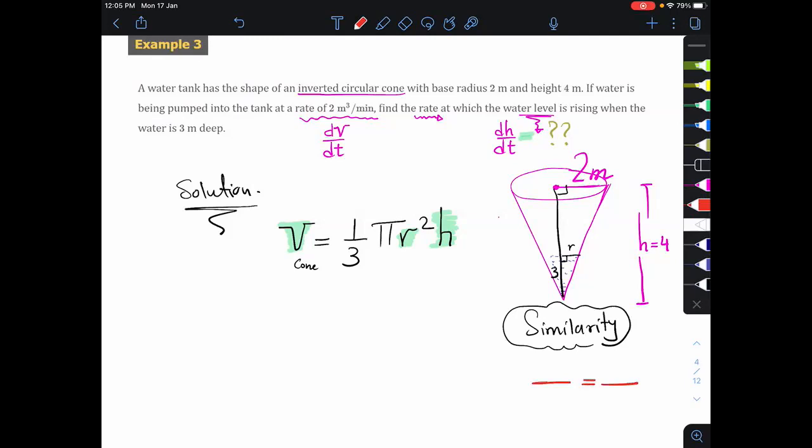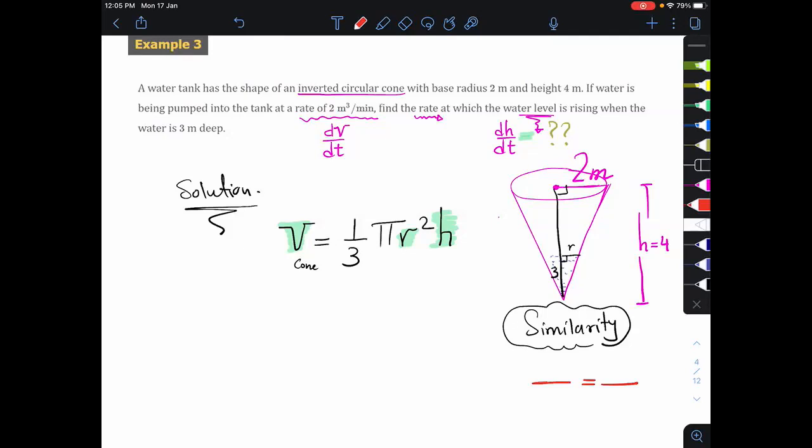هل الترينجل similar أصلاً؟ Yes. Why? Common side. They are congruent. And also we have 2 angles in the first triangle congruent to 2 angles in the second triangle.